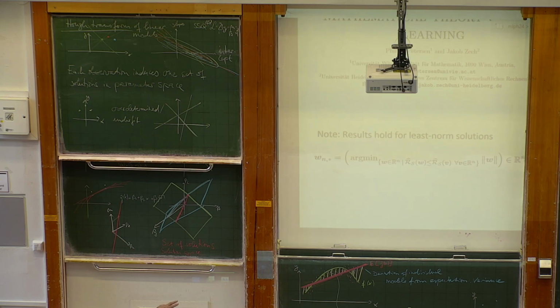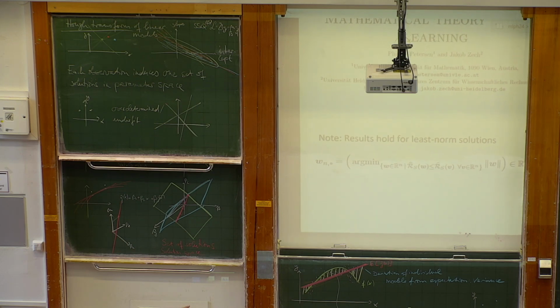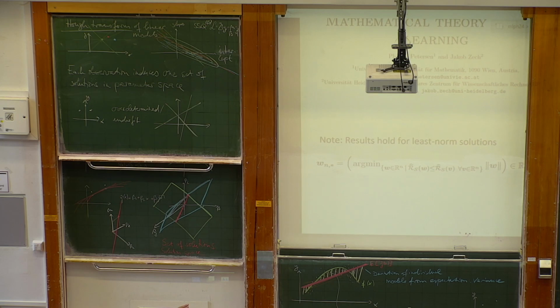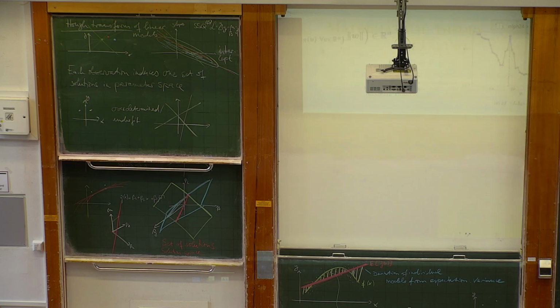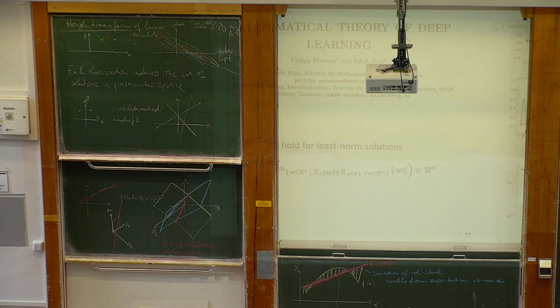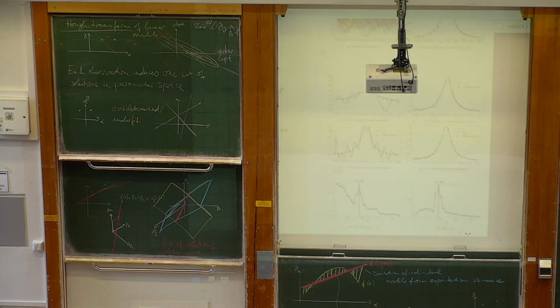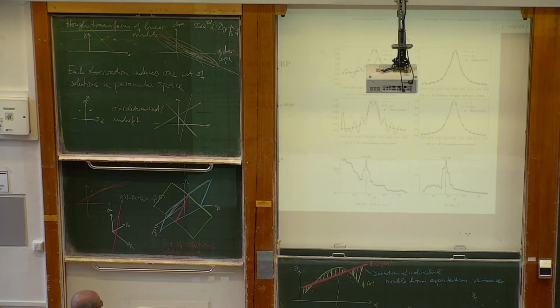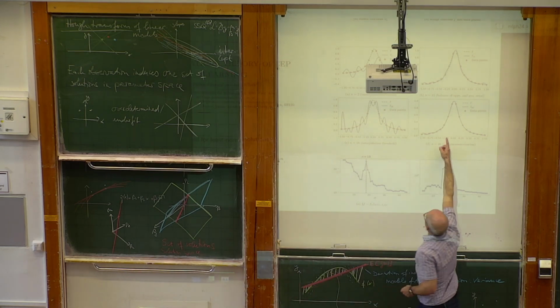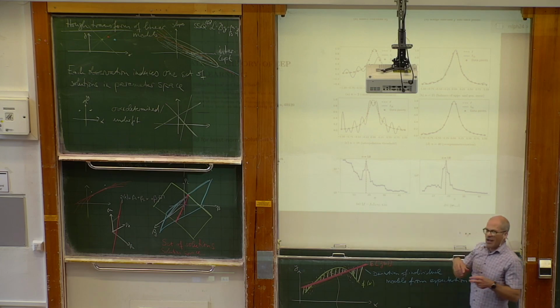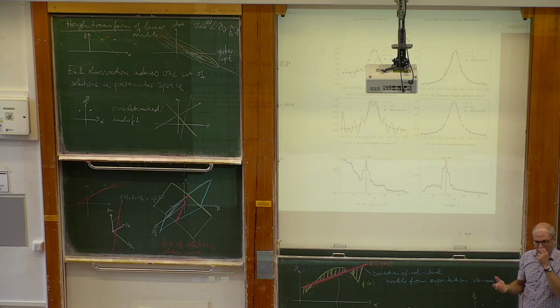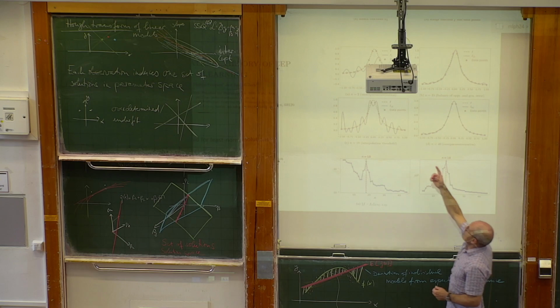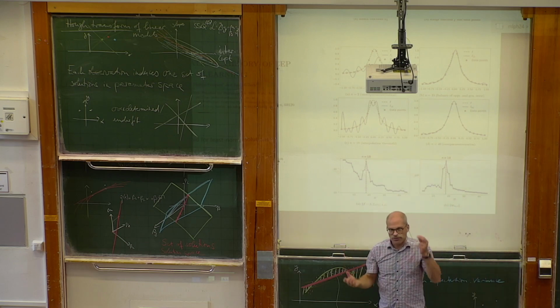If you forget about the subscripts, there's an arg min over W. Yeah, you pick amongst all perfect fits, you pick the perfect fit which has the smallest norm. And this perfect fit, which has the smallest norm, is the one that was shown here. And all the other perfect fits, well, they could look as bad as this or even much worse, right?